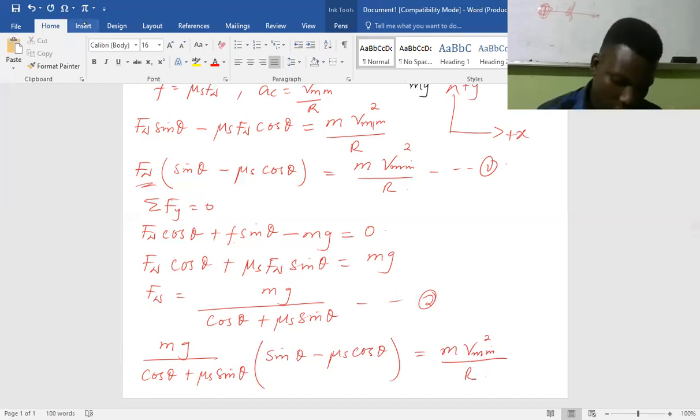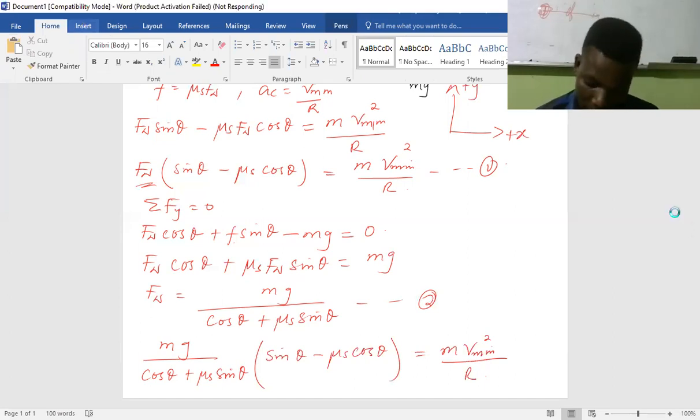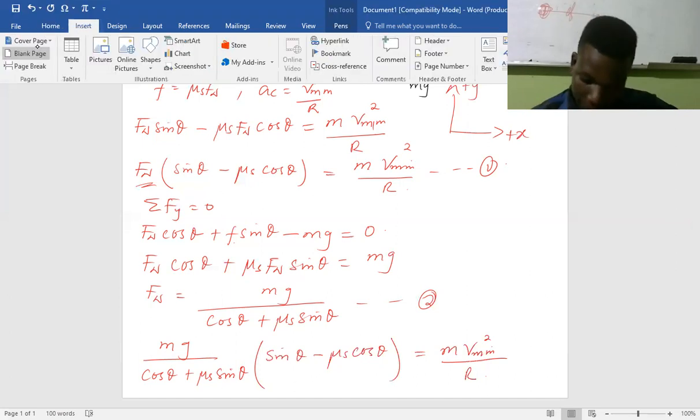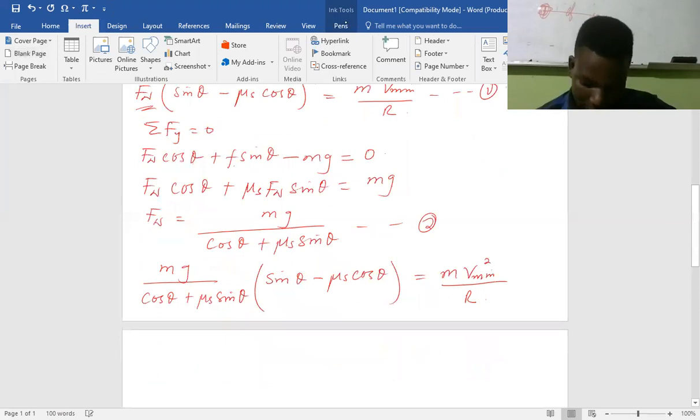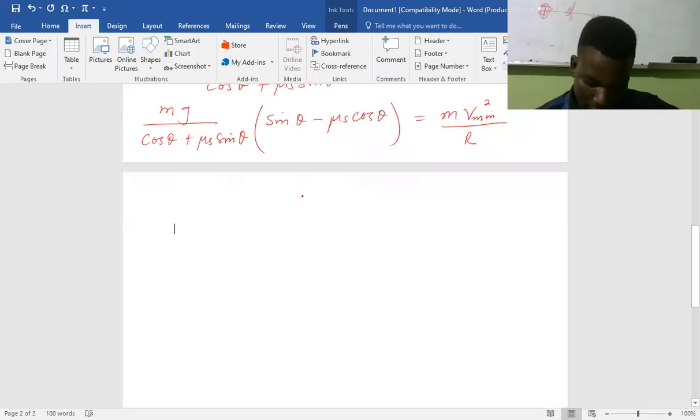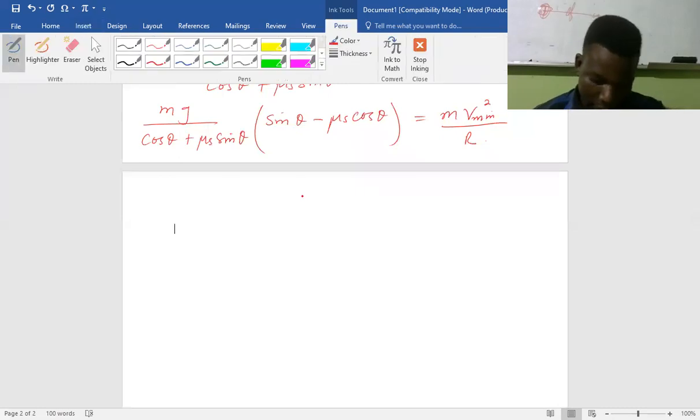So now we might create space. So what we have, we have this equation. We're going to have the mass m going like that, and then we can multiply R throughout.